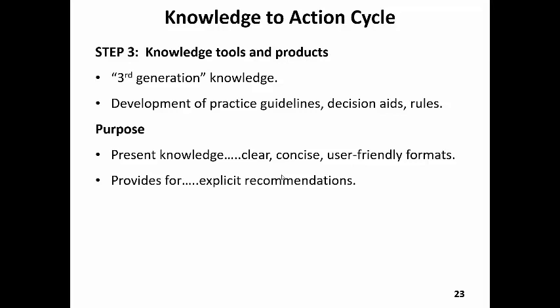Very explicit recommendations should be provided here at this point without necessarily providing the justification that would require going back to the original studies. So at the third generation level here, we have a set of recommendations and tools and aids, given due consideration to the fact that the background knowledge has already been confirmed.